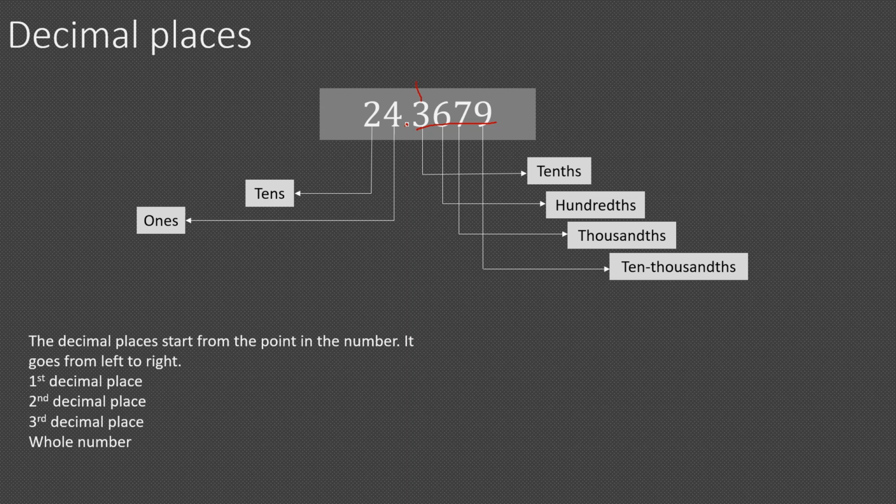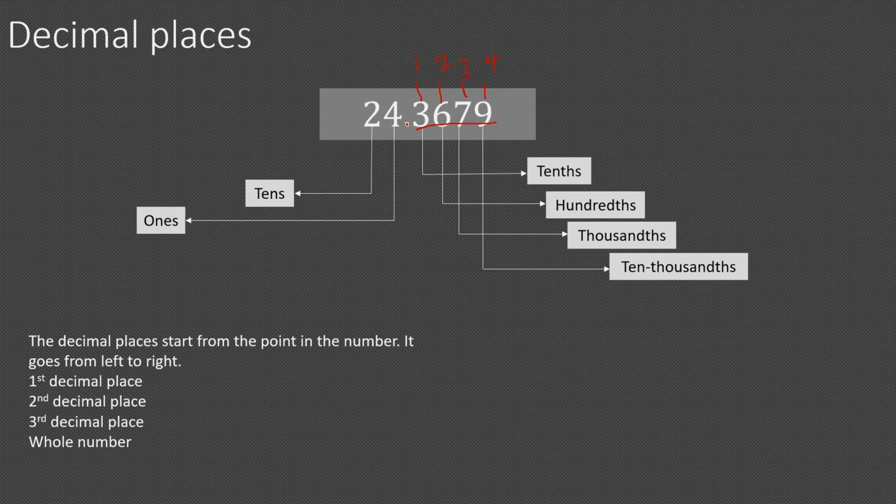So 3 in this 24.3679 is called the first decimal place, also known as tenths. 6 is called the second decimal place, or hundredths. 7 is known as the thousandths, which is the third decimal place, and 9 is the ten-thousandths, which is the fourth decimal place. And this can increase further to 5 decimal places, 6 decimal places, so more numbers can come after the number.